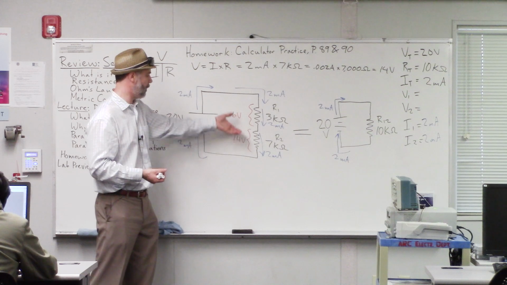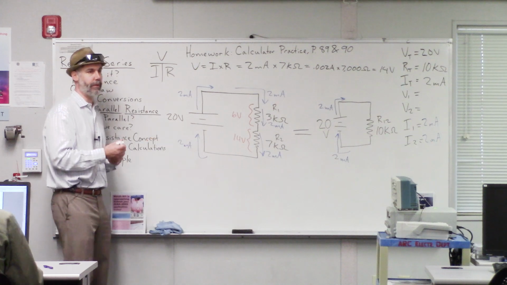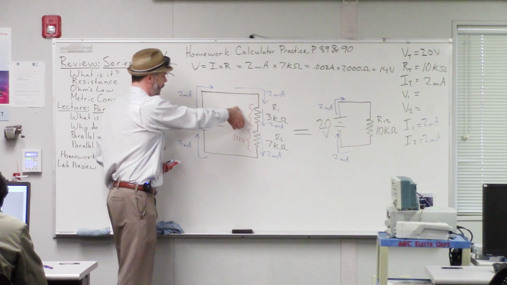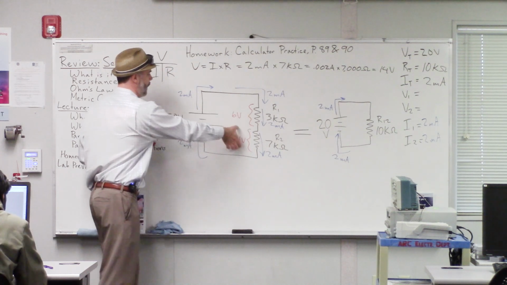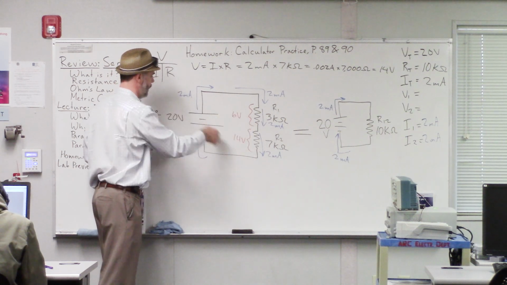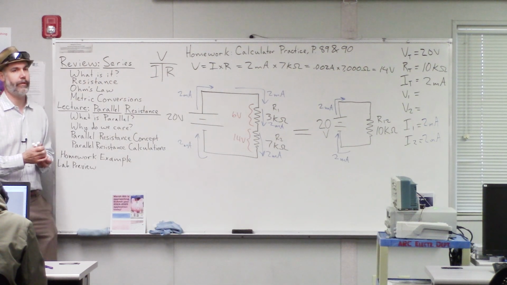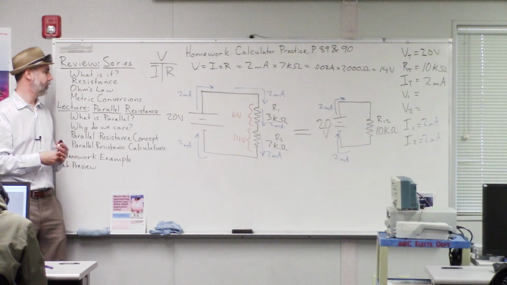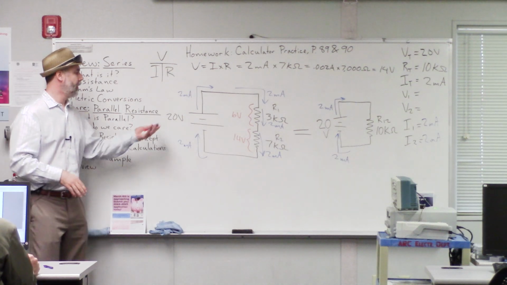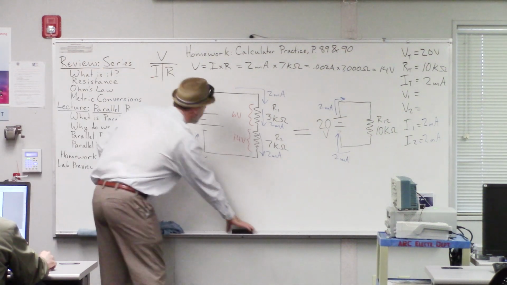However many voltages you have, they'll add up to the total voltage in a series circuit. So if you found the first one using Ohm's law, and you knew that was 6 volts, you could say the other one has to be 20 minus 6. It has to be whatever the difference is between this and 20. So these two together add up to 20. V total equals V1 plus V2. Yeah, exactly. Perfect.